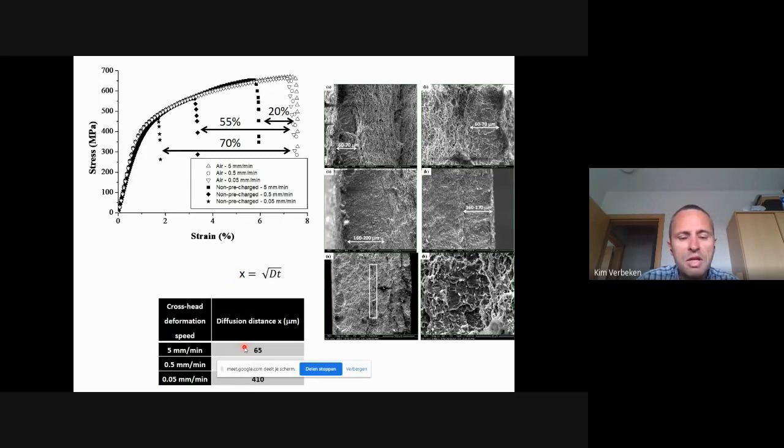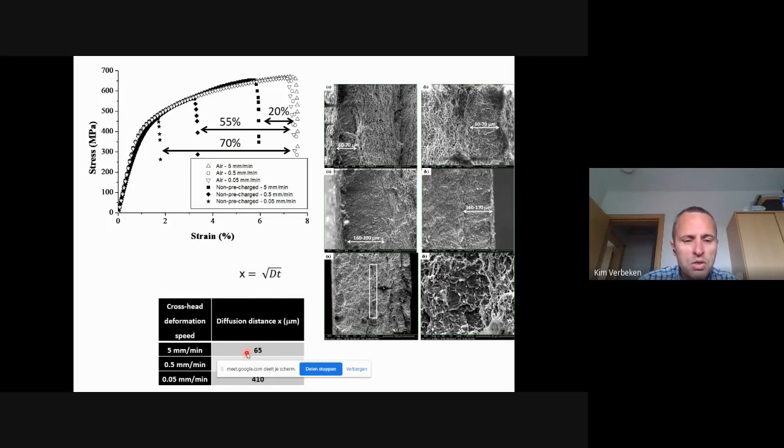Therefore, we calculated the diffusion distance of hydrogen via the formula mentioned here. You need the diffusion coefficient, which we obtain via a permeation test, and then you have the time. The time is the duration of the test, and if you pull your material faster, then of course the duration of the test will be shorter. So we calculated the diffusion distances. You see the values over here.